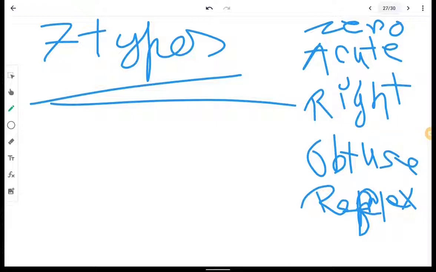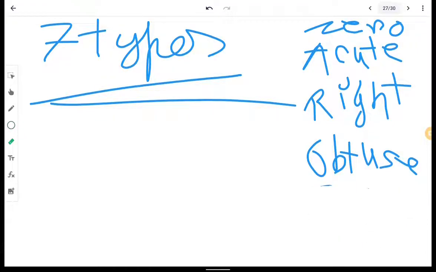I was just trying to see if you can spot my mistake or not. Obviously, I skipped the straight angle. I just skipped it to see if you could understand my mistake. So straight first.